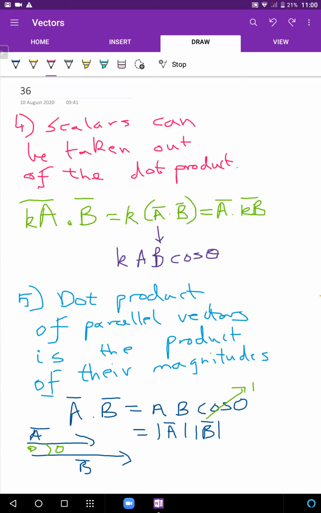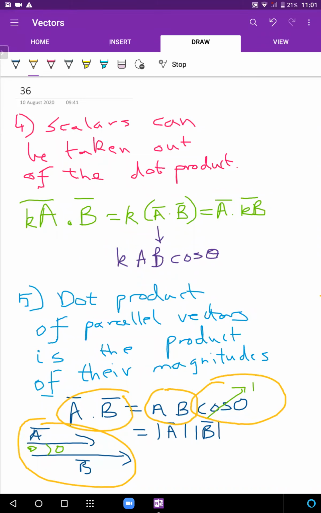Point number 5. Dot product of parallel vectors is the product of their magnitudes. Why? Dot product of parallel vectors A and B. इस केस में dot product A dot B हो जाएगा A into B into cos of the angle between them. But the cos of the angle between parallel vectors is 0 and cos 0 is 1.